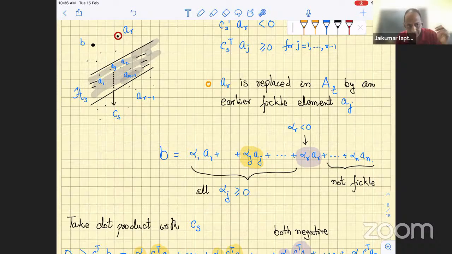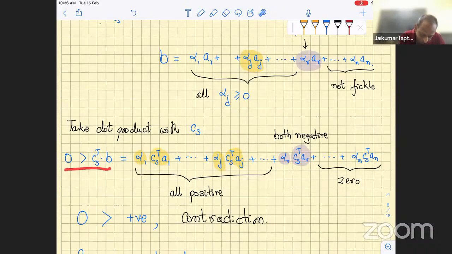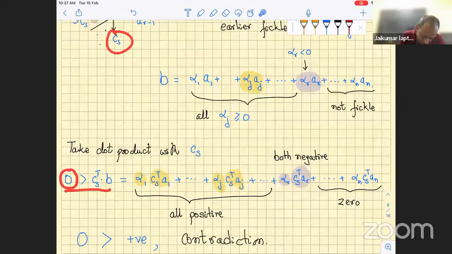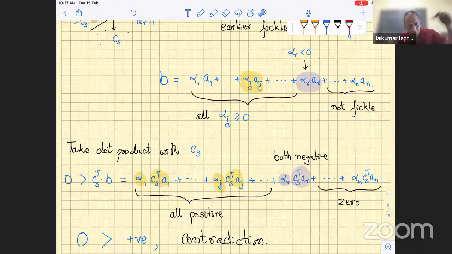I'm not looking at the normal vector of that time. I'm looking at the normal vector when A_R entered the basis, and take its dot product. At that time, since B was on this side, the dot product should be negative. C_S was pointing in the wrong direction.